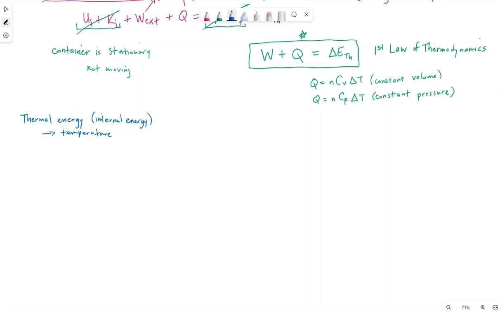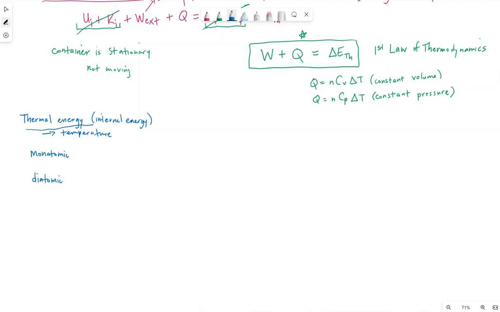Now, there are molecules moving at a variety of different speeds and different directions, but on average, that speed is directly related to the temperature. It turns out it has to do with what is called degrees of freedom. And this is different based on whether our gas is monatomic or diatomic.